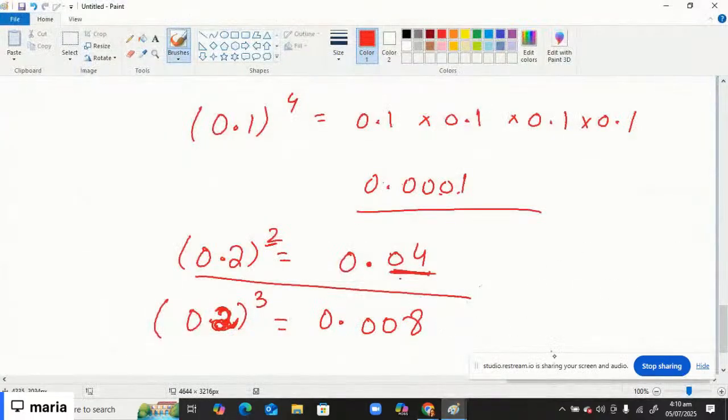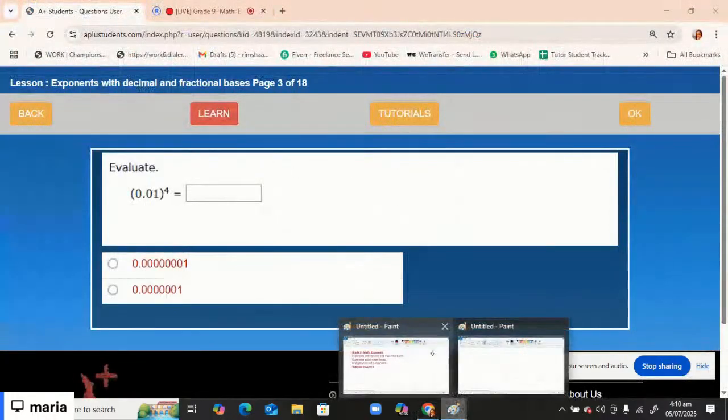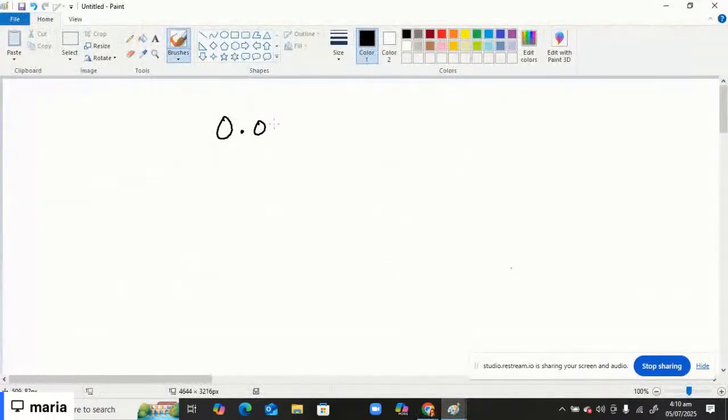Look at here now. So 0.01 and now the power is 4. What does it mean? It means that you are going to multiply 0.01 times 0.01, then times 0.01 times 0.01.